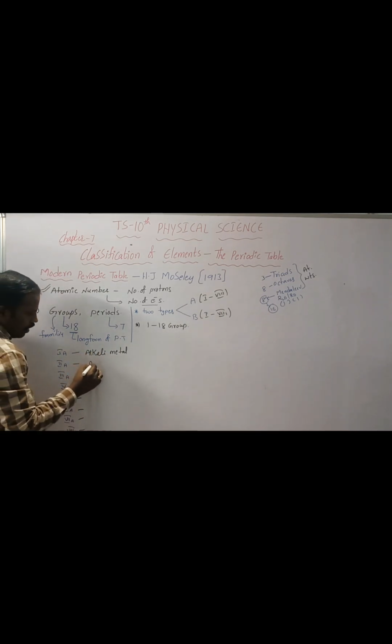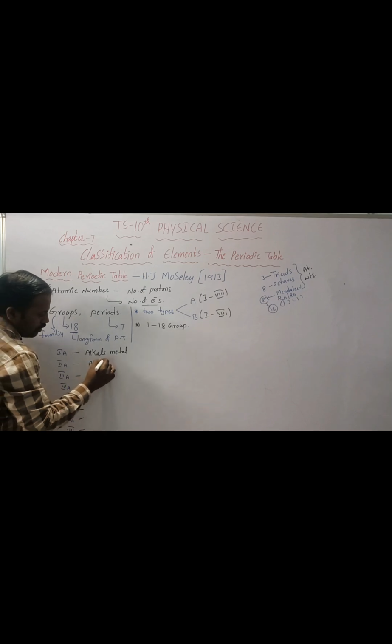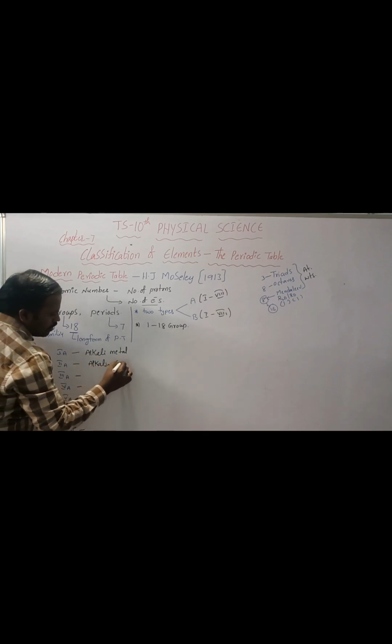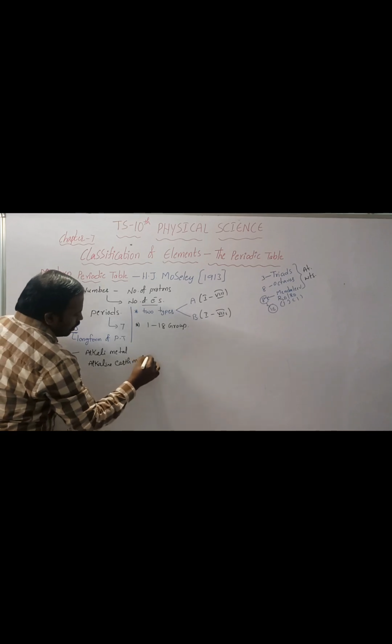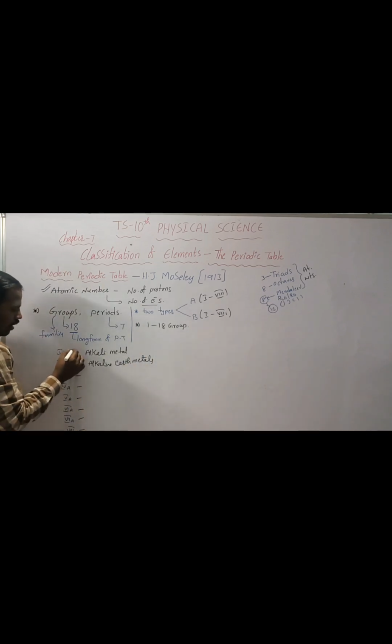Second one is alkaline earth metals. The first starts with hydrogen. The second one starts with beryllium.